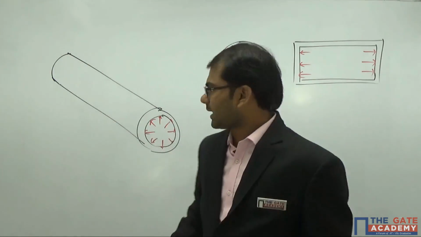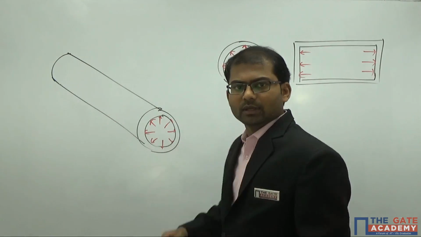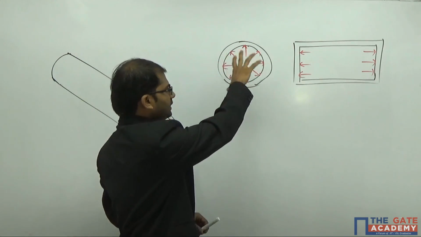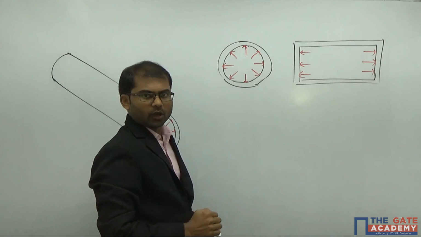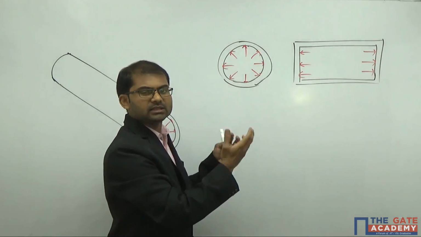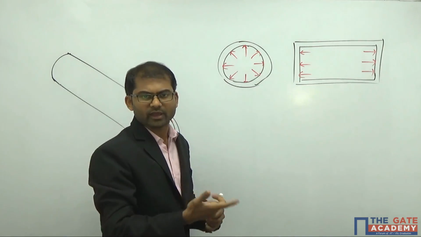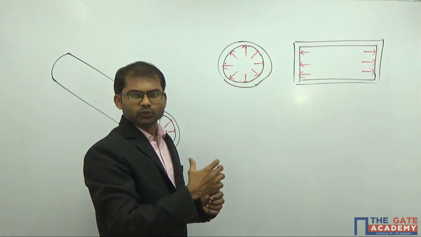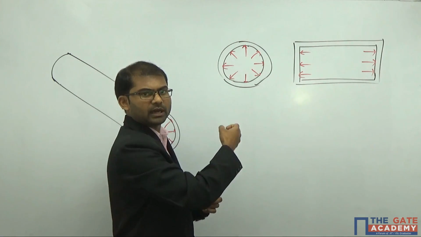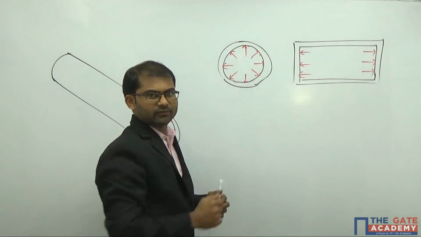If you see the first diagram, it shows that the pressure is acting on the circumference and trying to increase the length of the circumference. In another way, it is inducing some tensile phenomenon inside the material along the circumference.